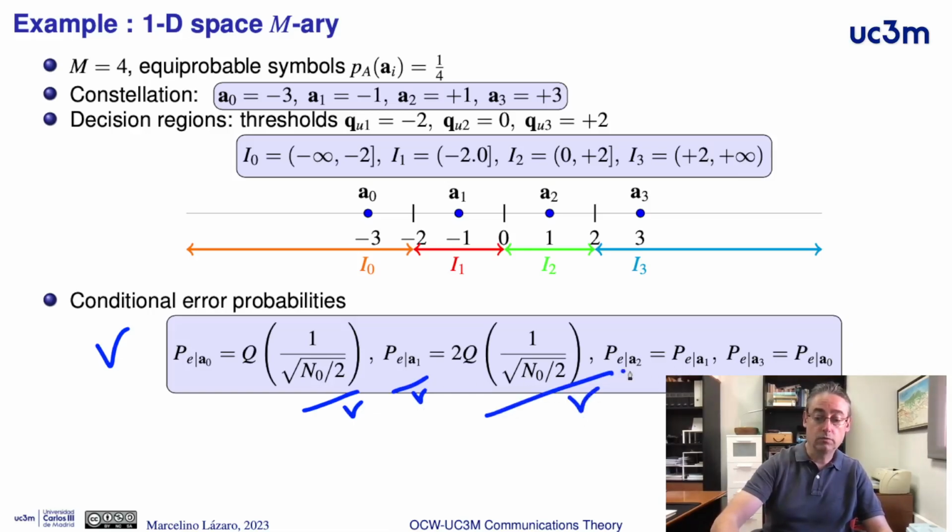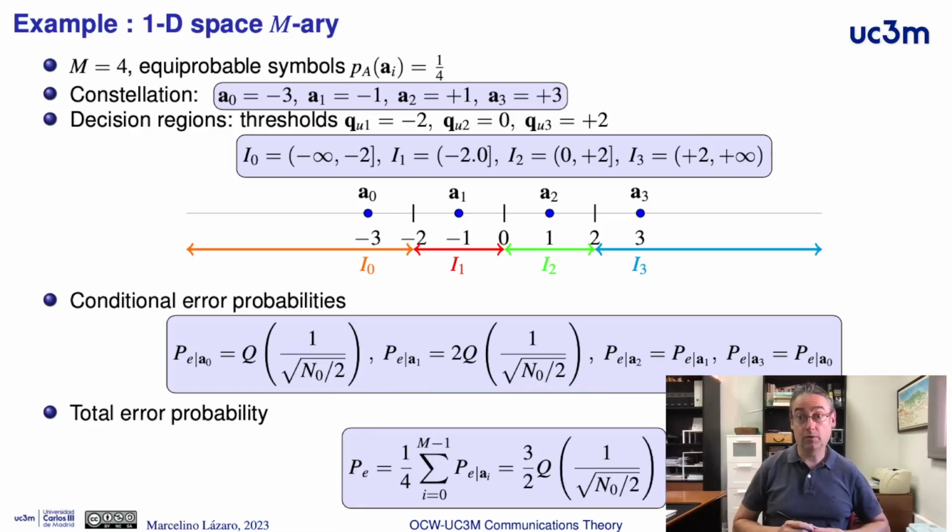For A2 is the same one as for A1, and for A3 is the same one as for A0. Once we have these conditional probabilities of error, the total probability of error is just the average of these 4 conditional error probabilities. Now we are going to see how to compute these conditional probabilities of error.